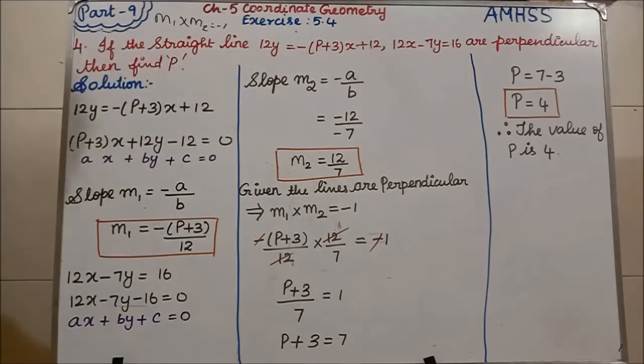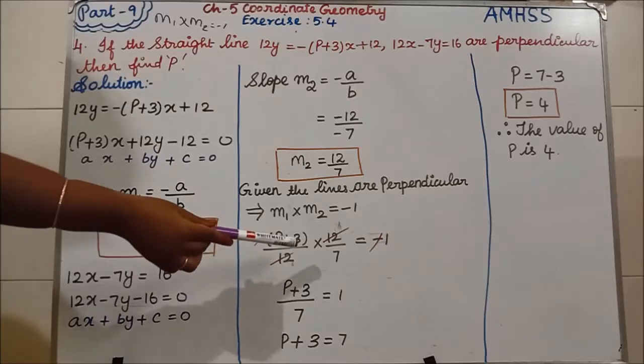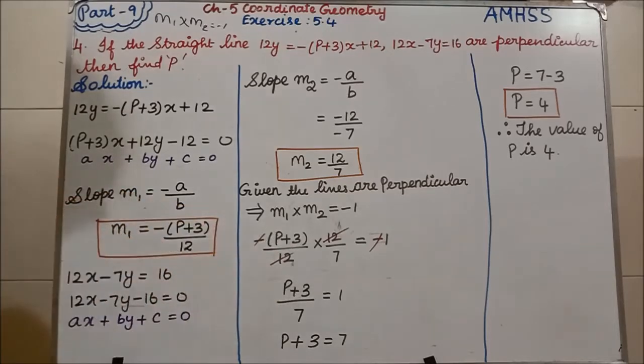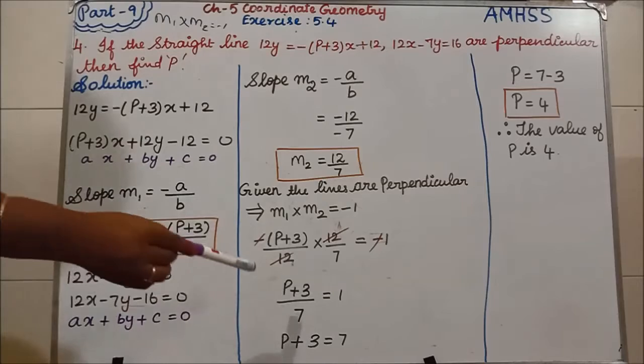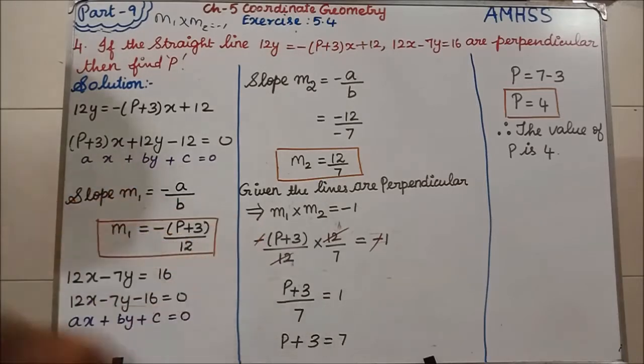Then what remains? In the numerator p plus 3, in the denominator 7. Clear students? In the next step, p plus 3 equals 7 into 1, which is 7. Then p is equal to, this 3 if it goes to that side it will become minus 3. So p equal to 4. Therefore the value of p is 4.